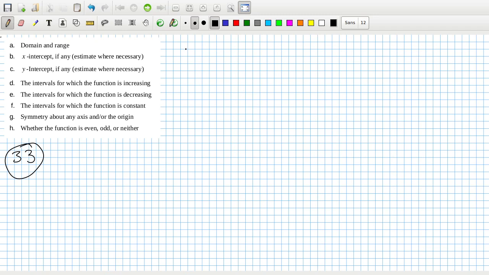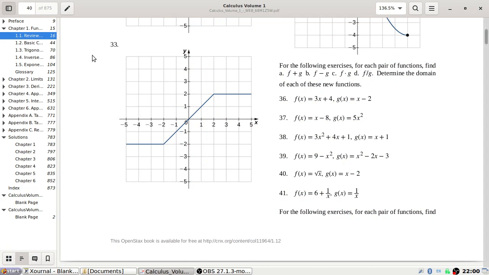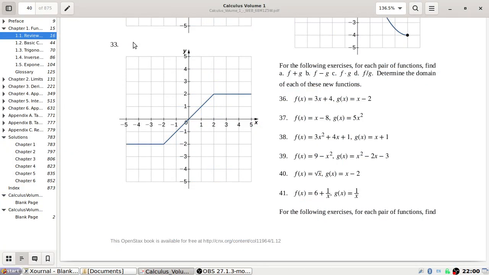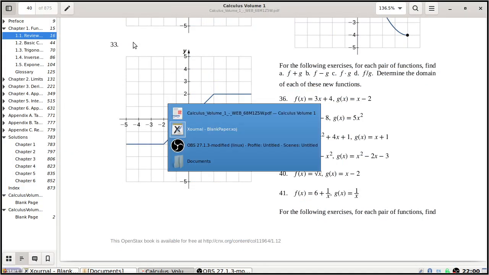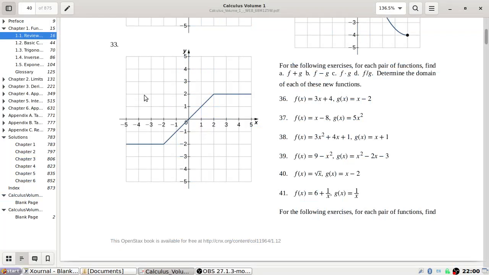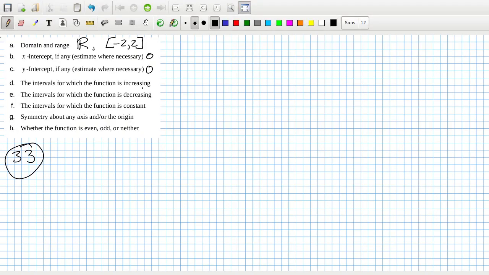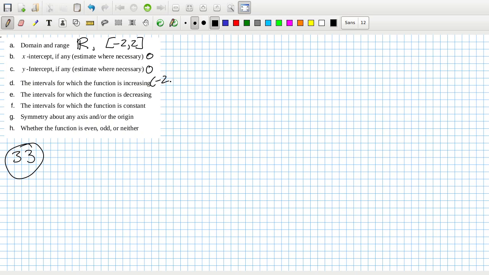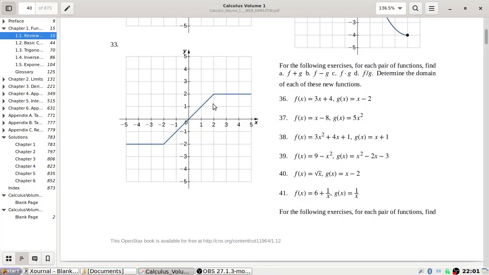Domain looks like all real numbers. Range is only from -2 to 2. X-intercept and Y-intercept are both 0. It's increasing from -2 to 2. Decreasing never.